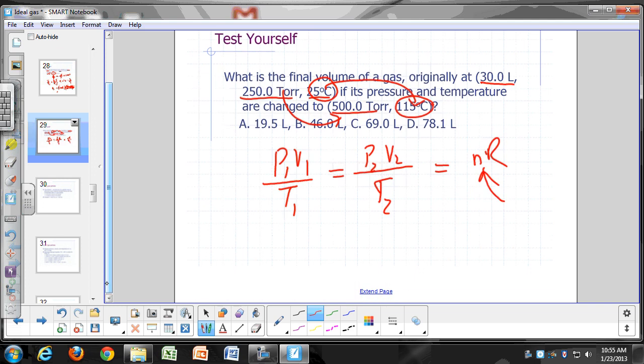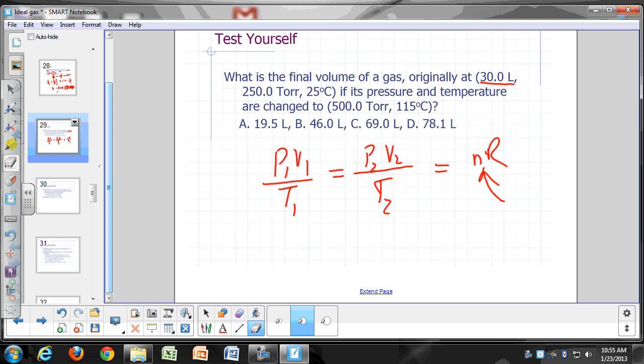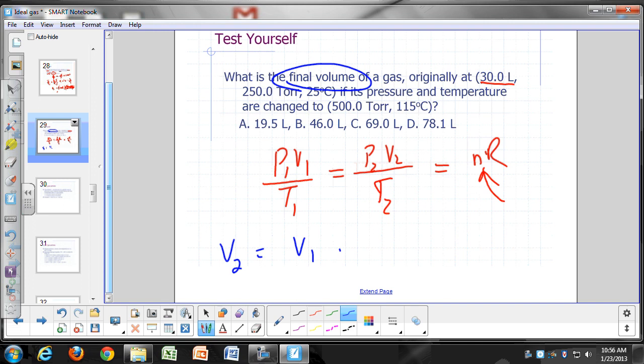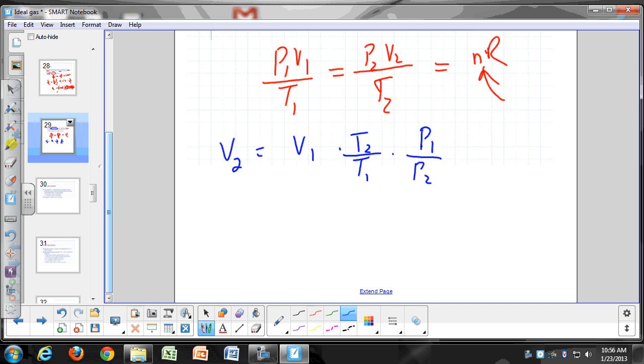But since you're not really interested in n here, you just say, what are we looking for? Final volume. So V2 is the initial volume times T2 over T1 times P1 over P2, right? So rearrange that equation.